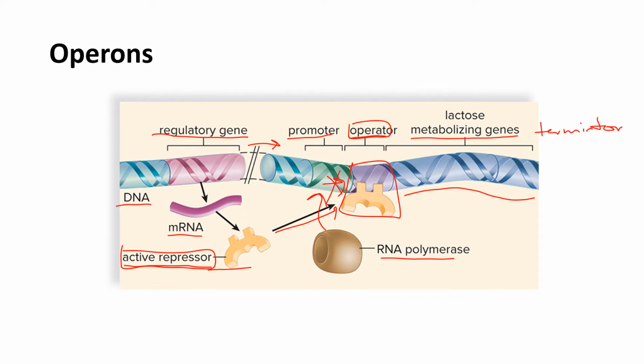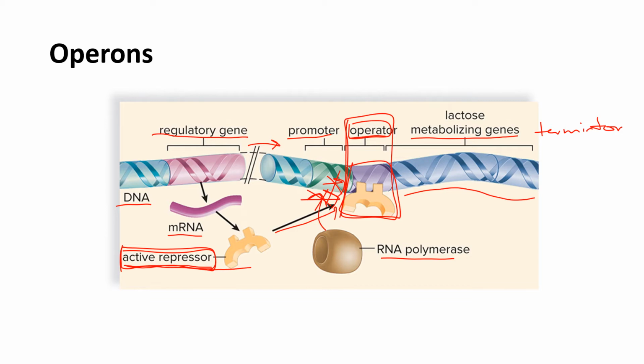So it's actually a very simple process. If you want to stop gene expression, you have to have an active repressor to bind to the operator, and it's literally like a roadblock. Then the RNA polymerase cannot slide along the DNA, and you do not get transcription.